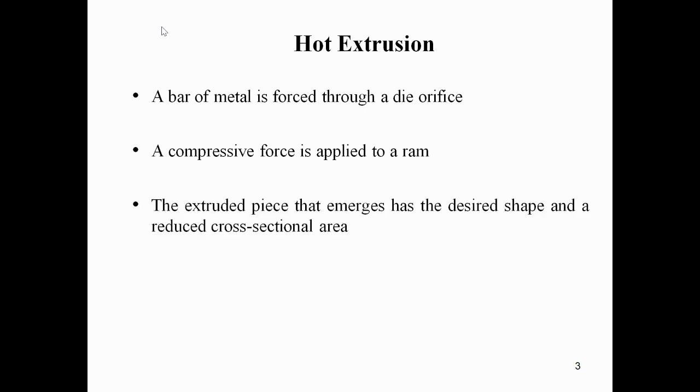A small portion of the billet, called the discard, always remains in the container and is removed together with the die. The extruded piece that emerges has the desired shape and the reduced cross-sectional area.